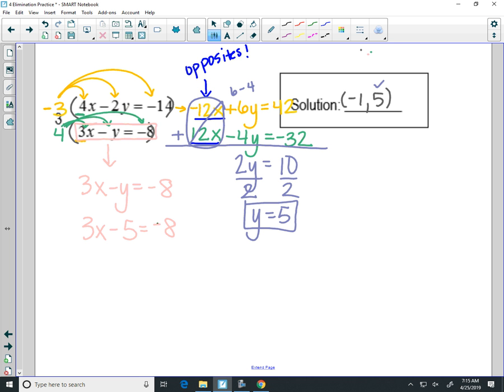It is minus y, so we're going to do minus 5. Now we're going to add 5 over. Negative 8 plus 5 is negative 3. Divide by 3. X equals negative 1.